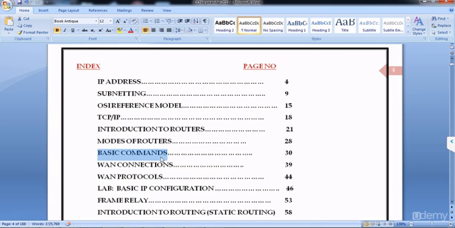Once we have a good understanding of basic commands, we probably move to WAN connectivity and WAN technologies, which are used for providing a WAN connection between two or more different locations.